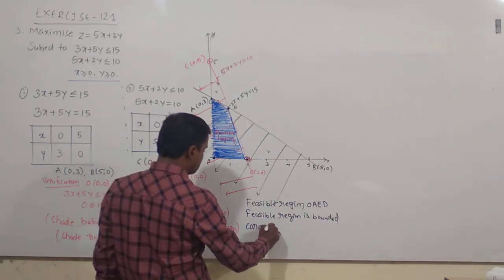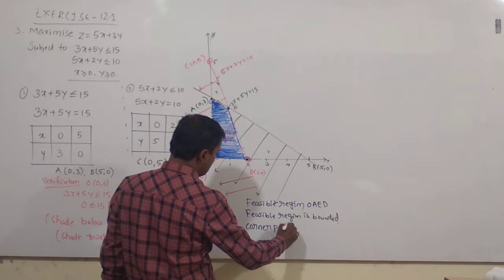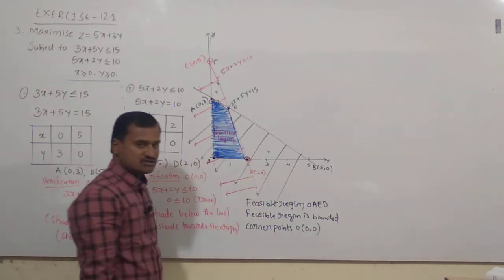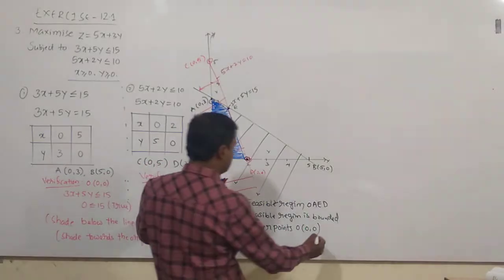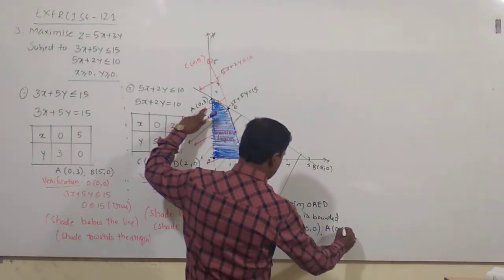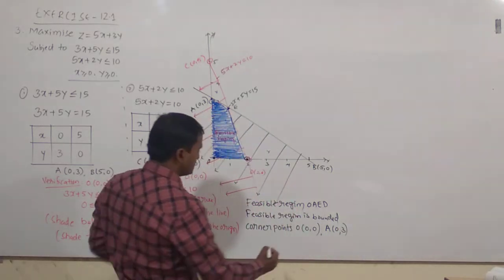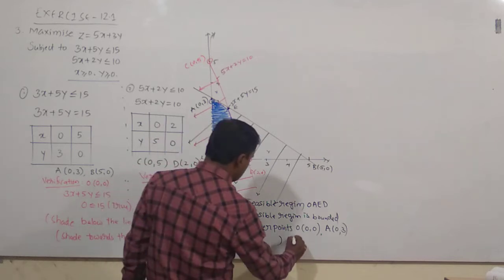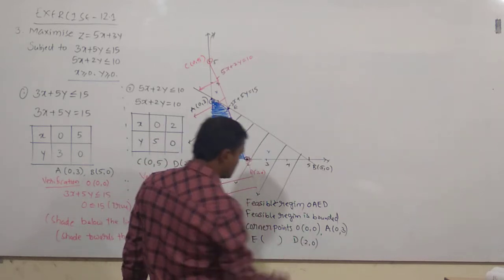What are the corner points? Corner points are O, so coordinate is 0 comma 0, and one more is A, 0 comma 3, and one more is E, we have to find, and one more is D, its coordinate is 2 comma 0.